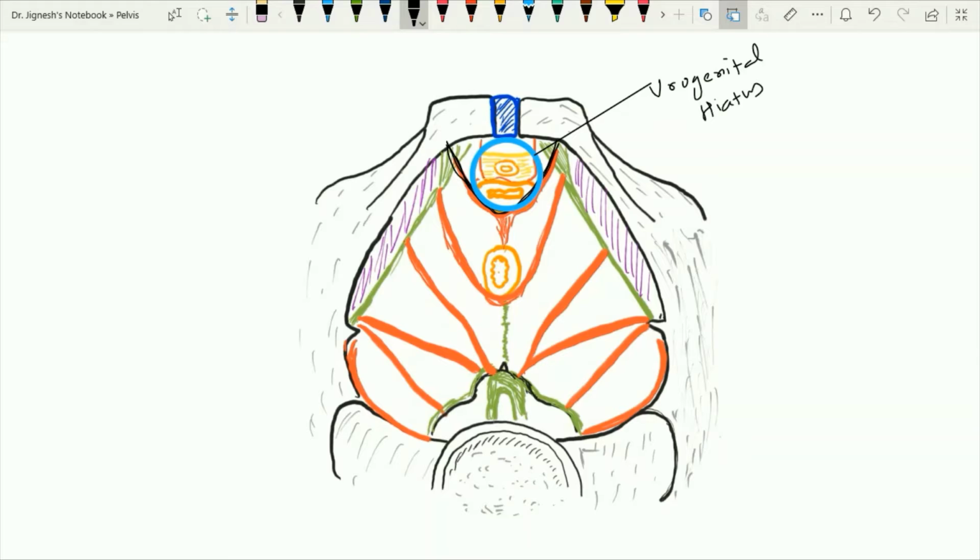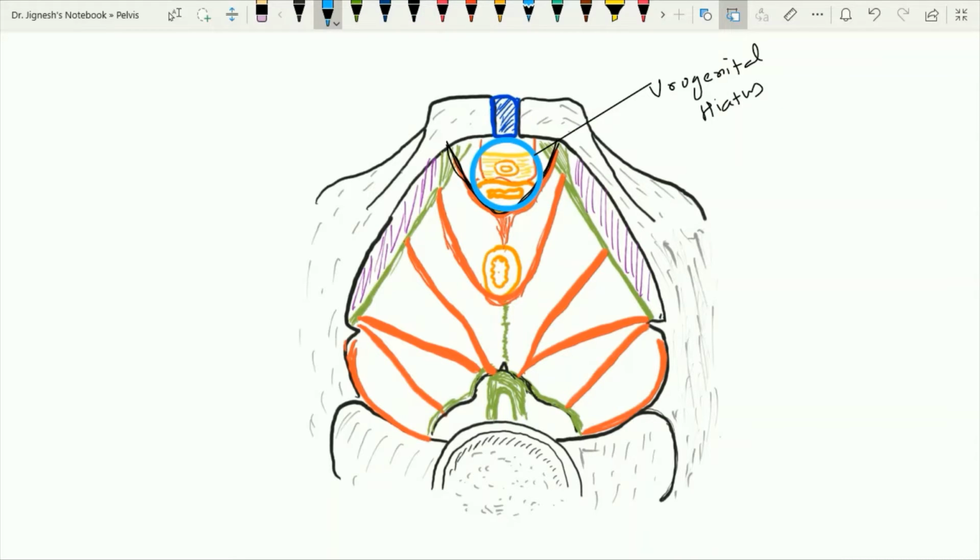This urogenital hiatus is situated anterior to the anterior fibers of the pubococcygeus muscle, and it permits the passage of the urethra and vagina in case of female, while in case of male only urethra passes through this hiatus, and that's why the name is urogenital hiatus. Below the pelvic diaphragm, this urogenital hiatus is supported by one additional diaphragm, the urogenital diaphragm, which we have already discussed in our previous video lecture series.